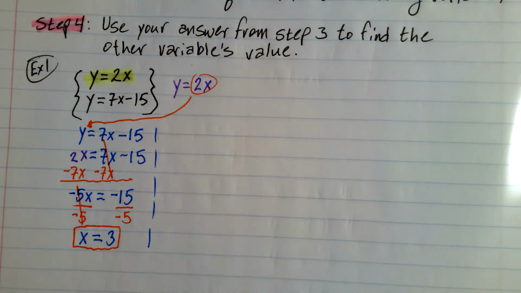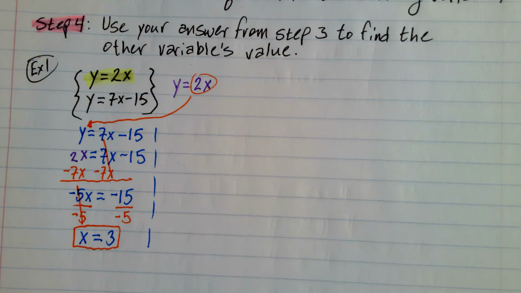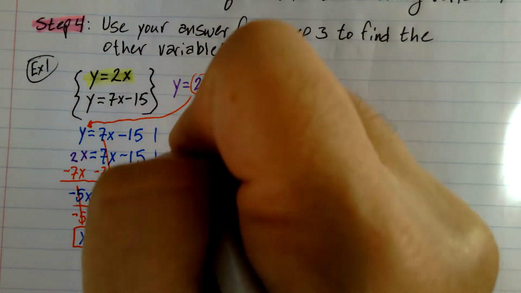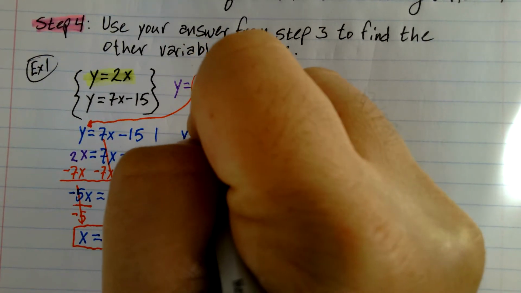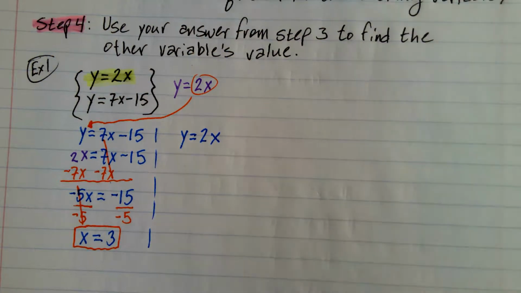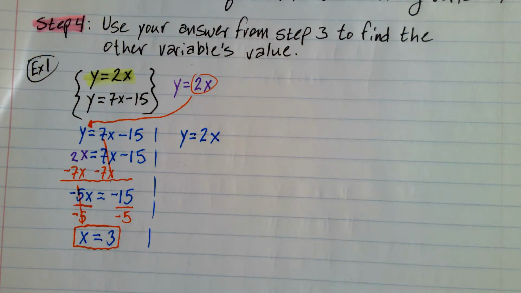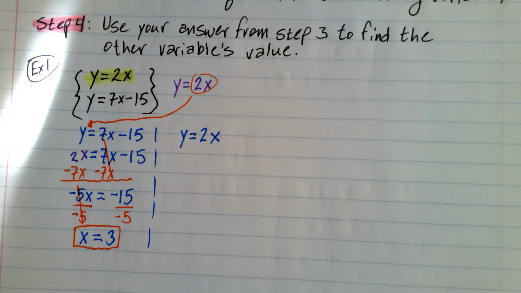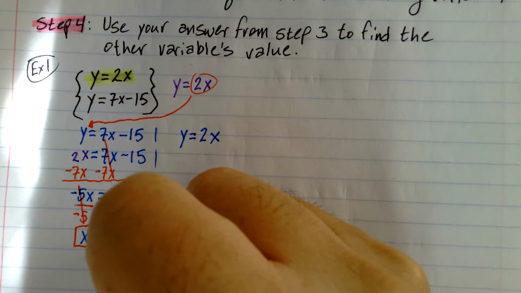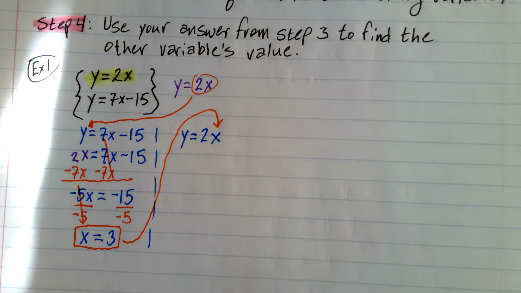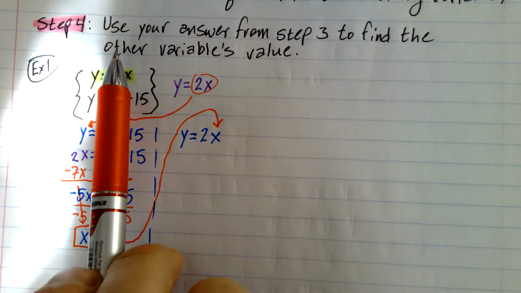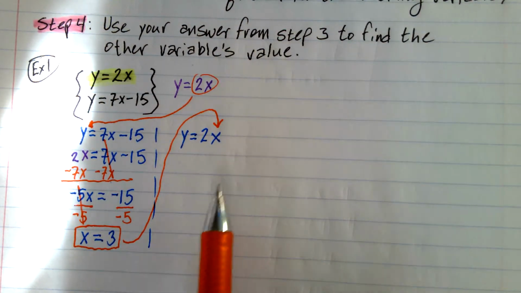Now I have to figure out what y is. I'm going to write down that simple equation again, y equals 2x, the equation I haven't used yet, and replace the x portion in that equation with 3.